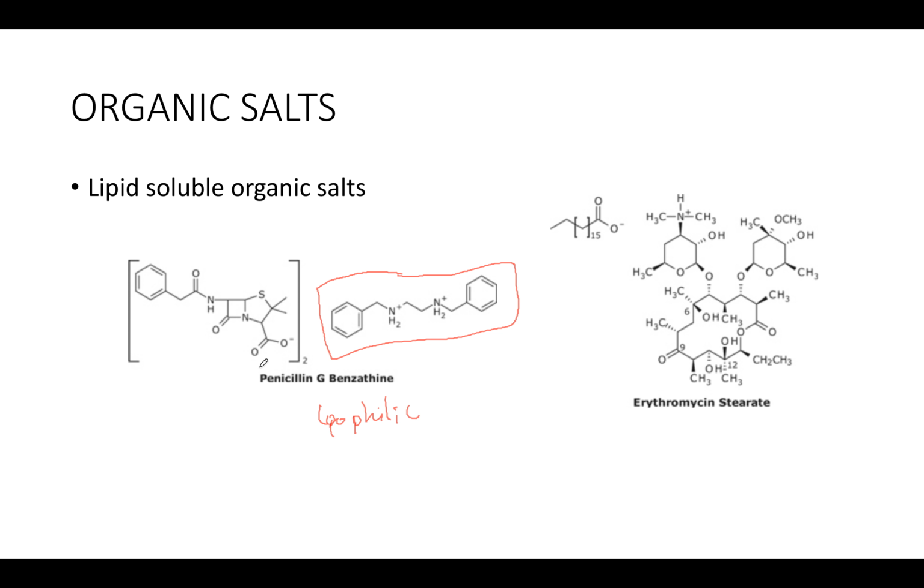Now, when you think about it, penicillin V is used to treat many different infections. Penicillin G benzathine is used to treat severe infections, and often you want to administer it IV, but when it's administered IV, it results in rapid elimination.